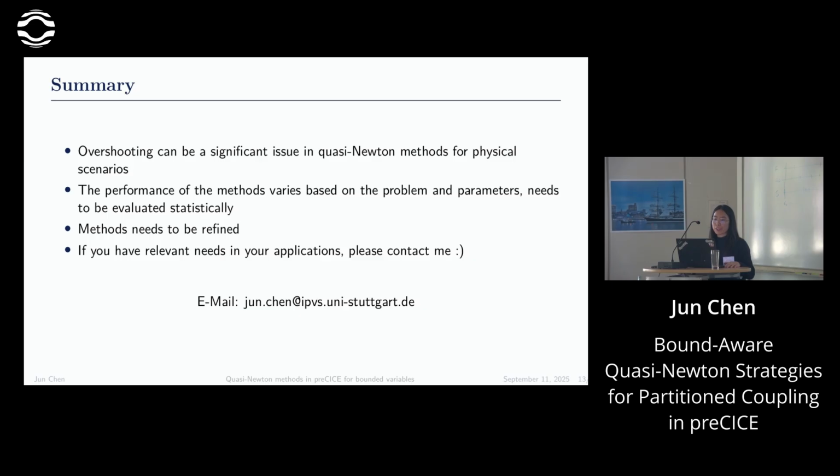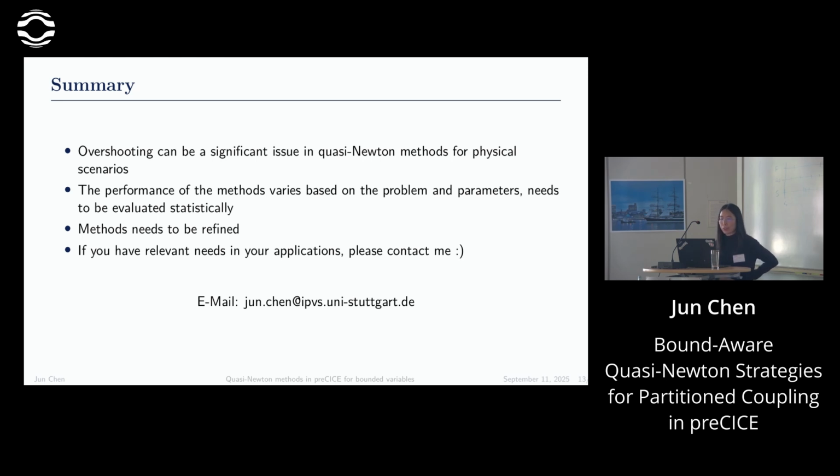In summary, overshooting can be a significant issue in Quasi-Newton methods for physical scenarios, and the performance of the methods I mentioned varies strongly based on the problem and parameters, so I think it needs to be evaluated statistically.